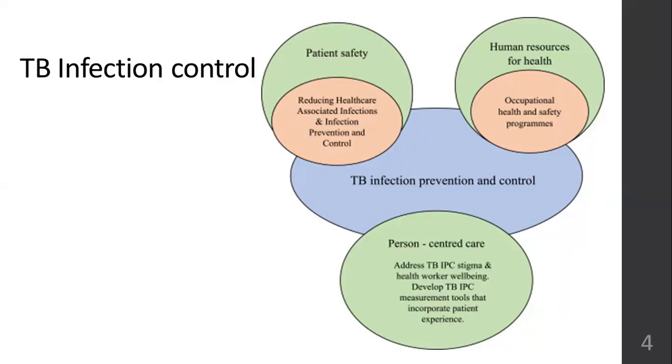Similar stigma you will see in society. So you have to address this stigma. We should develop TB infection prevention and control measures and tools that can make the patient's challenging life easier. So this is patient-centered care. These are the three main elements of TB infection control.